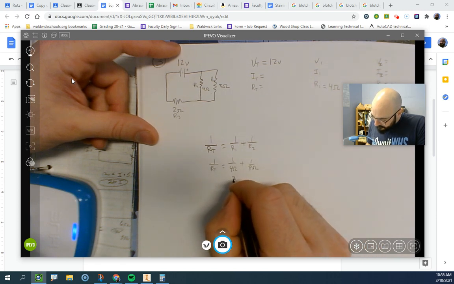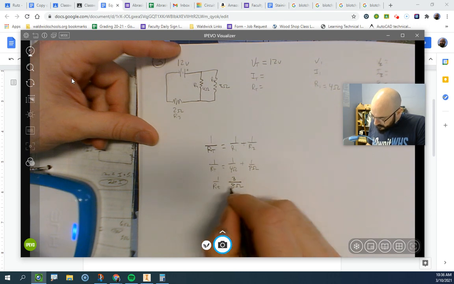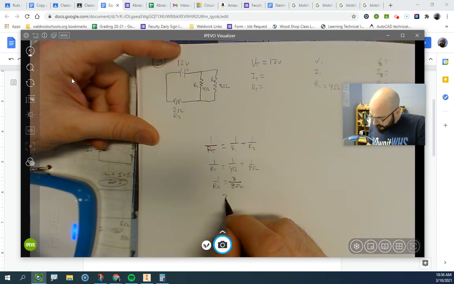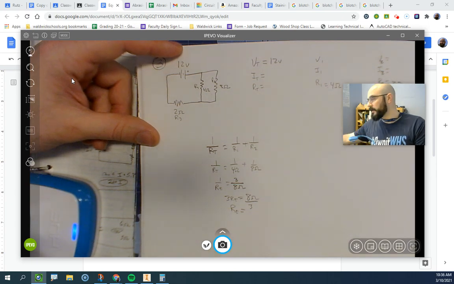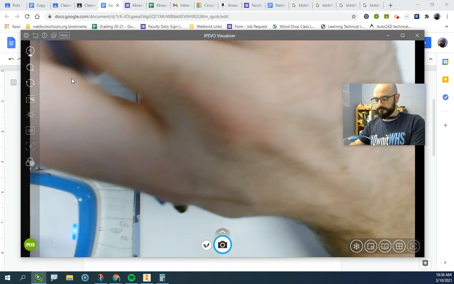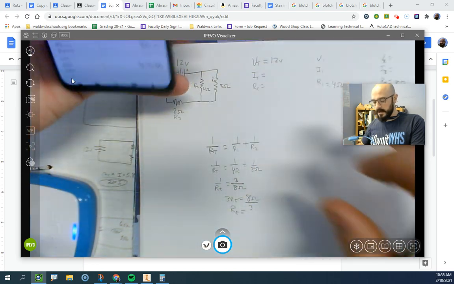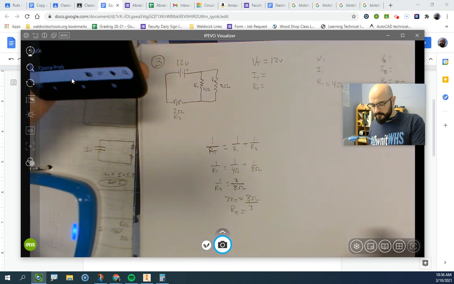That becomes 3/8 ohms, 1 over RT. And now 3 RT equals 8 ohms, so RT equals 8 over 3. And I have no pride here, no shame.